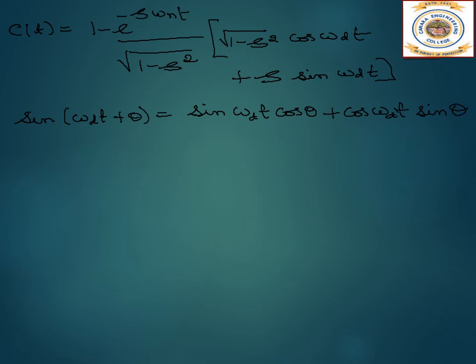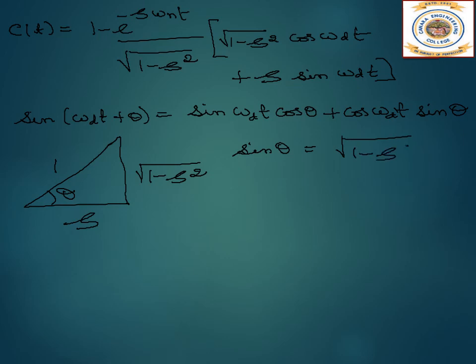Okay. Now if you consider this triangle like this over here, this is theta, this will be root of 1 minus zeta square, this is 1 and this is zeta. So sine theta will be equal to root of 1 minus zeta square, and cos theta is equal to zeta. So tan theta is equal to root of 1 minus zeta square by zeta.